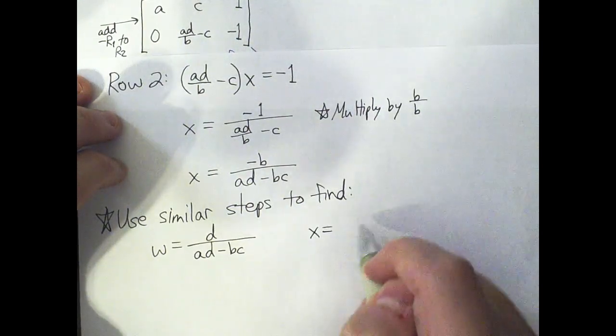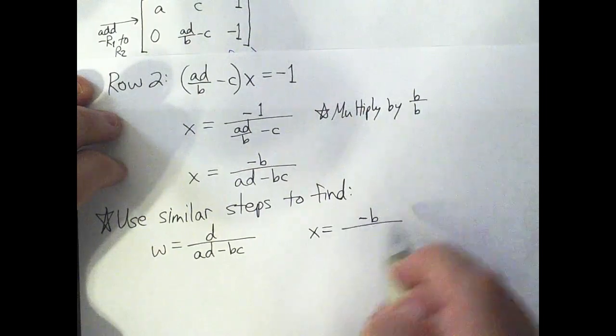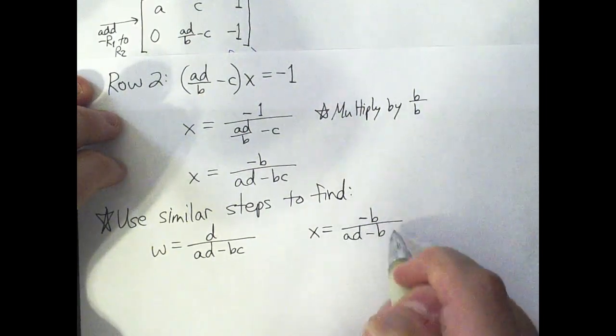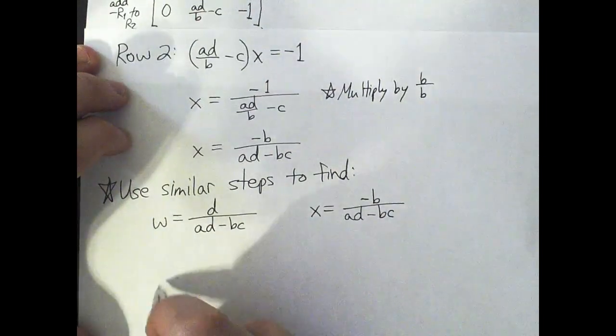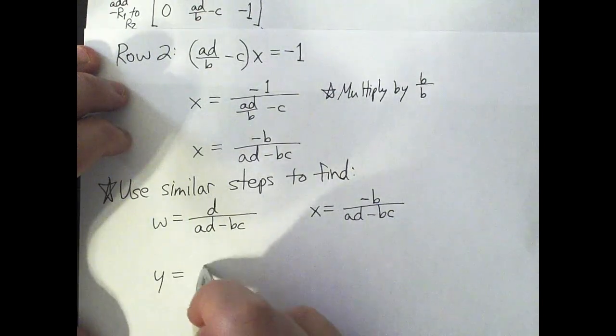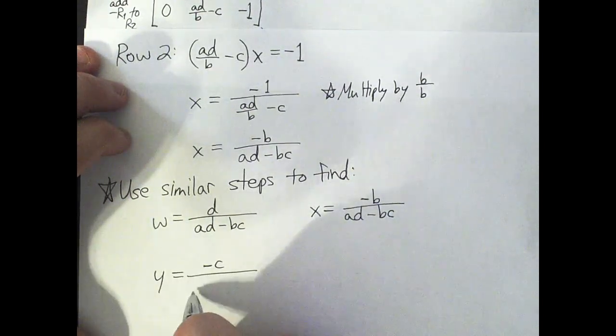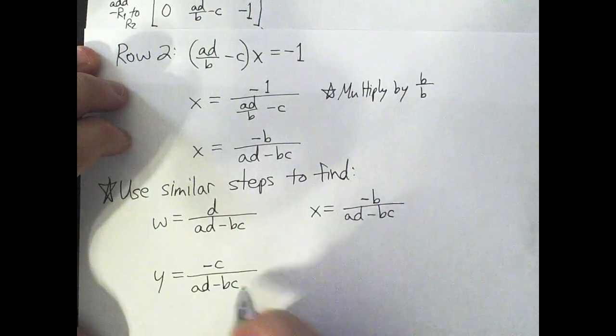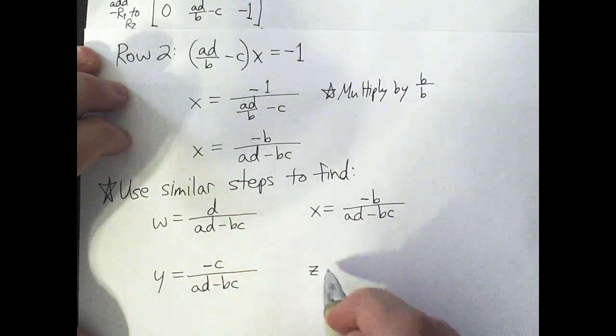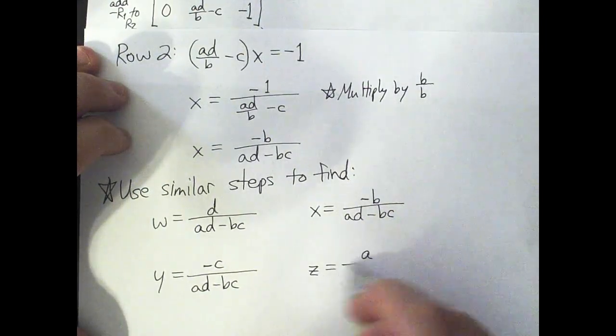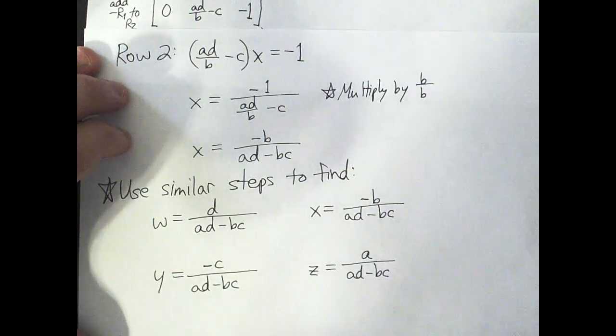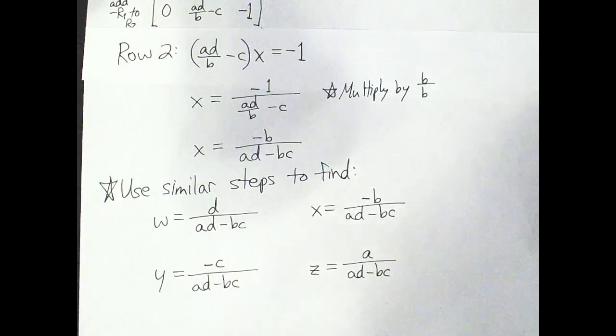X we just found, I'm going to copy it down, minus B over AD minus BC. You would find that Y is -C over AD minus BC, and Z is equal to A over AD minus BC. So there is kind of a similar structure to all 4 of these. They're not just completely random, right?